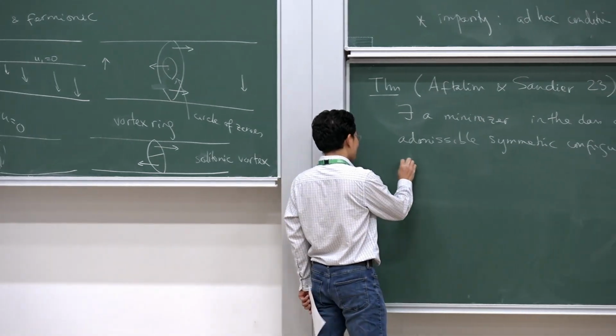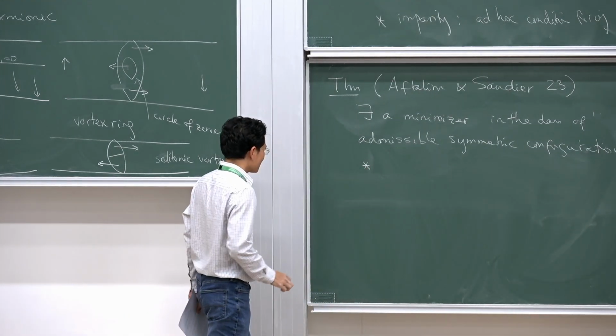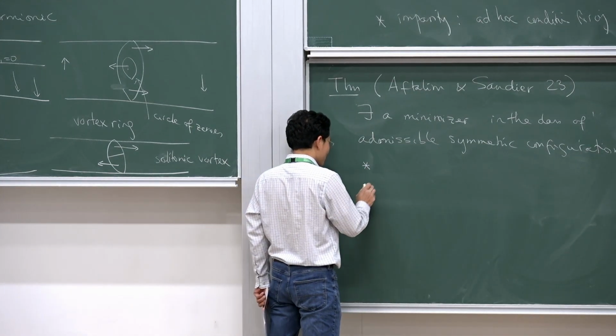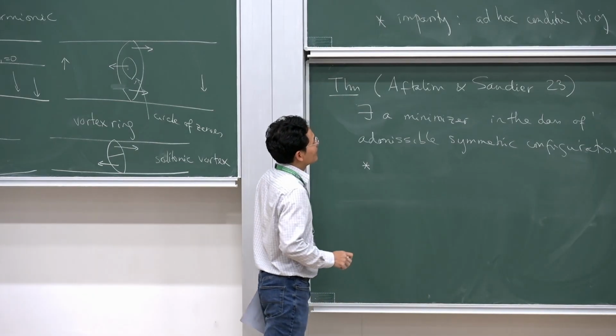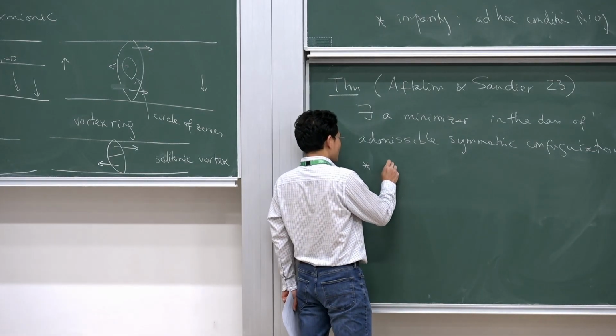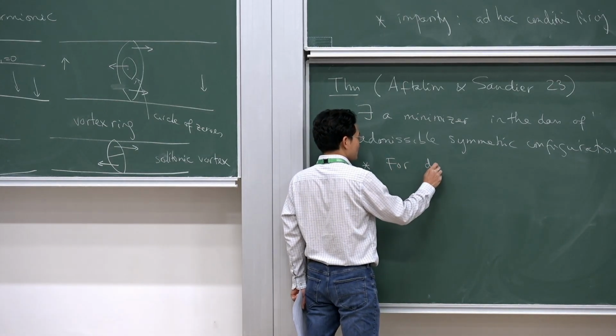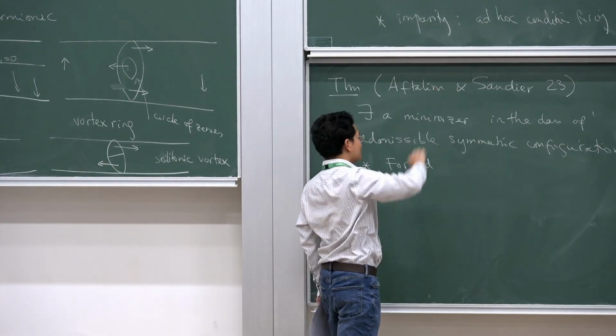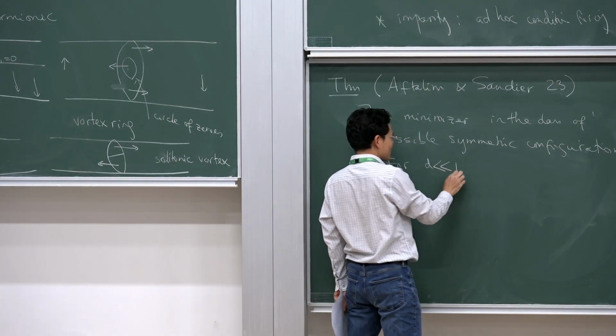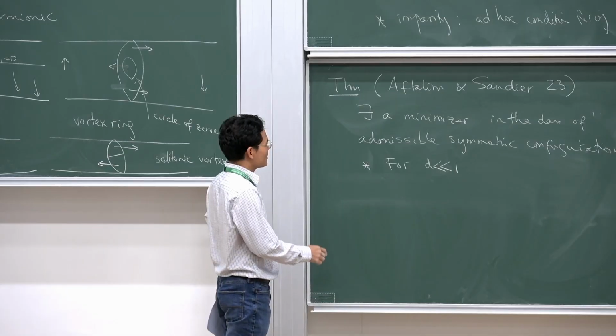Furthermore, they do a number of other things, but I'll just put down the two things that are most related to what we're going to do. For D, remember, D is the thickness of the strip. If D is very small, then the minimizer is the soliton.